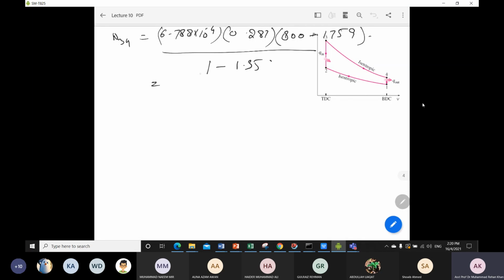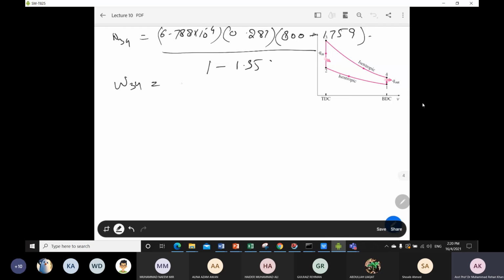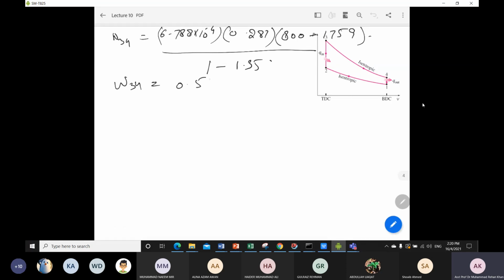By just solving it you will get W34, which is your boundary work for the polytropic process, is 0.5338 kilojoule. So this is your W34.